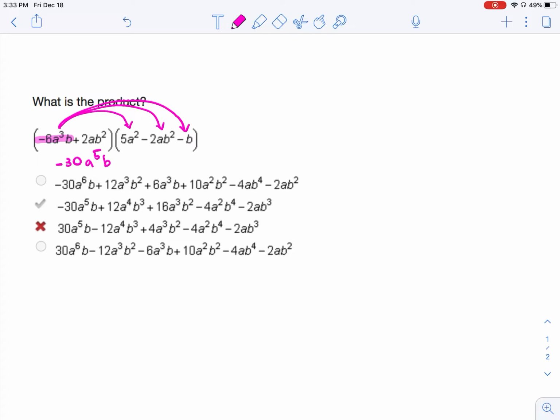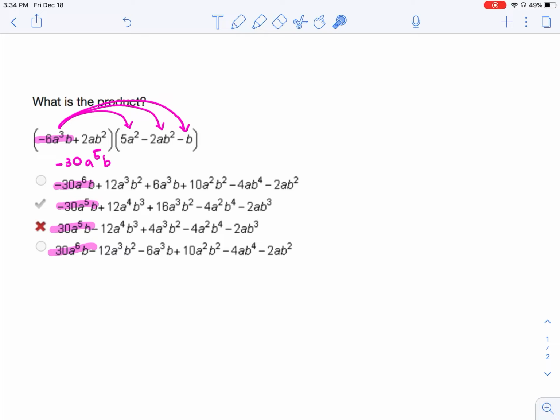I want you to notice, without continuing on, we can kind of check our work. If you look at the first term, each answer choice, it seems like this one that was incorrect is the positive version.